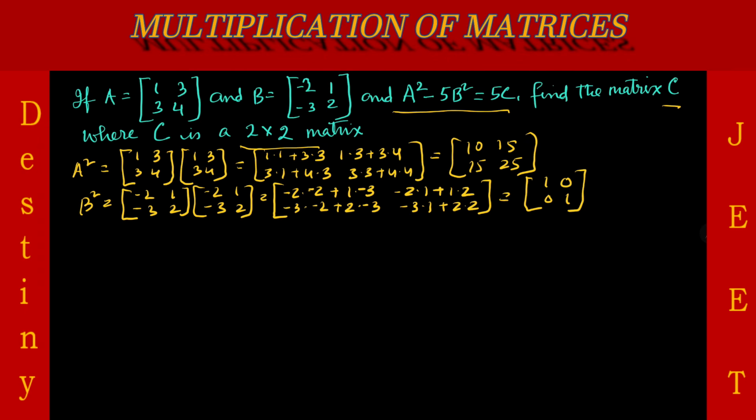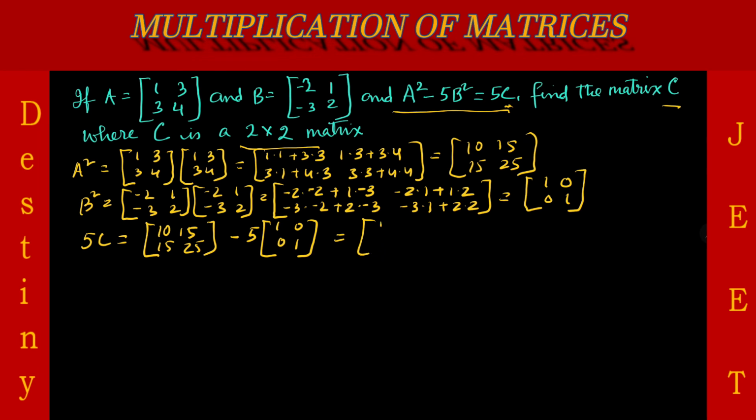Now given what? That A square minus 5B square is equal to 5C. Then we can write 5C is equal to A square. Already we have found out A square. It is 10, 15, 15, 25. And then we have minus 5 into B square. What is B square? 1, 0, 0, 1.